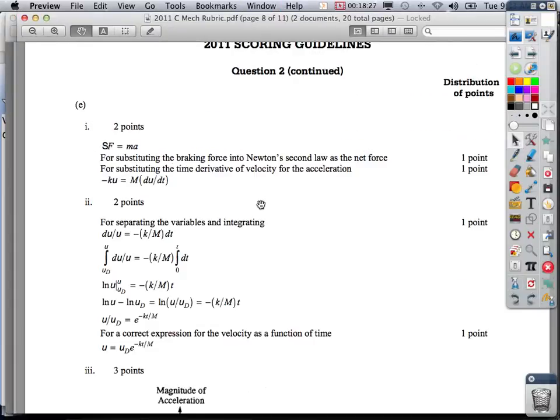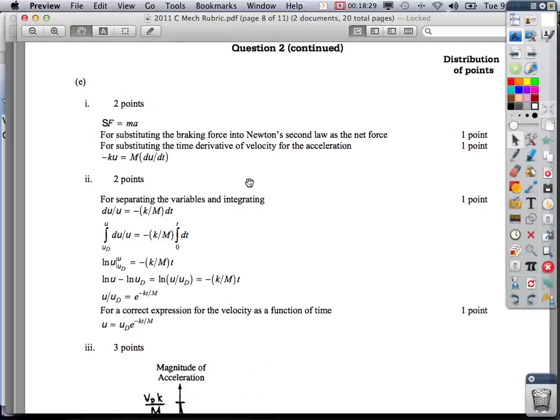So that's all they did. They're just saying this is negative kv equals m dv dt. They didn't even break it up. I probably would have said negative kv over dv is equal to m over dt, but they didn't even break it up.